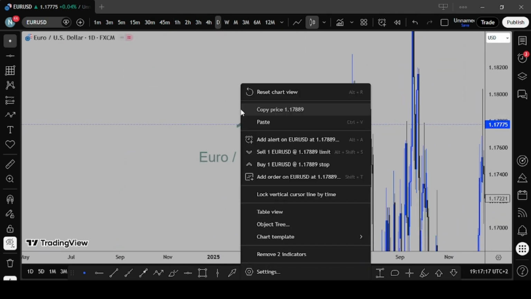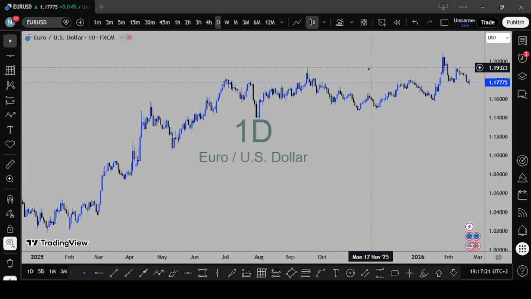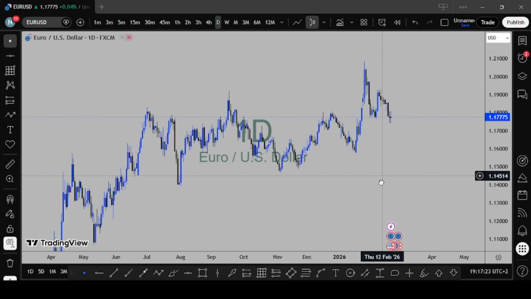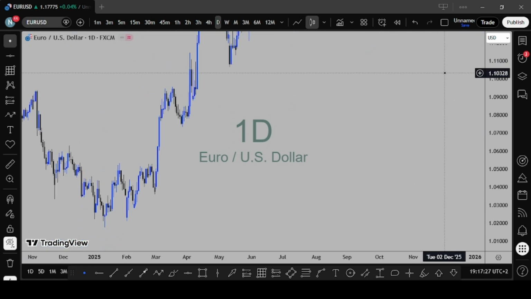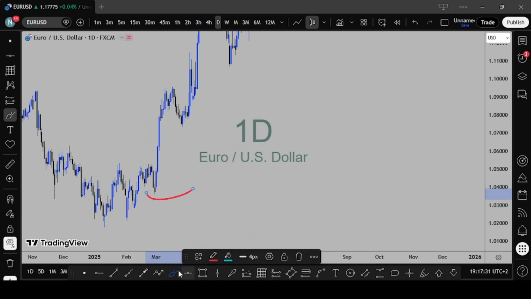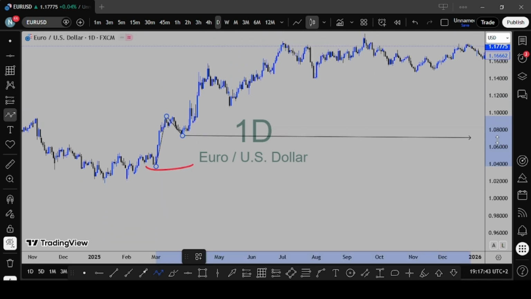Okay, I'll start with the one I started with, which is the bullish market. How do you know? Like I have said, price is creating a series of higher highs and higher lows. For instance, I'll start from here. This is our low. Price goes up, it creates a high, it comes down to create a low, and then we break the previous high to create a new high.